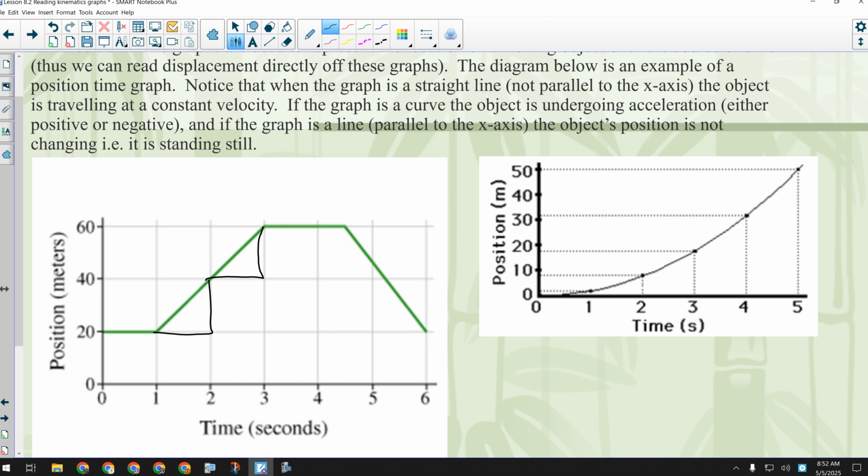Weird thing here. We've only looked at this formula in this way, that velocity is displacement divided by time. But also on your formula sheet is this formula, that displacement is final position minus initial position.